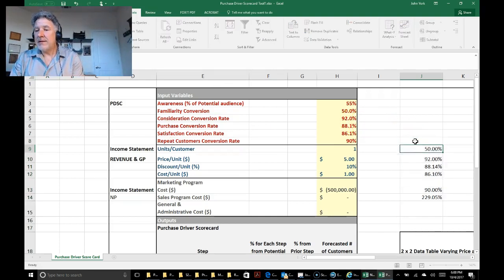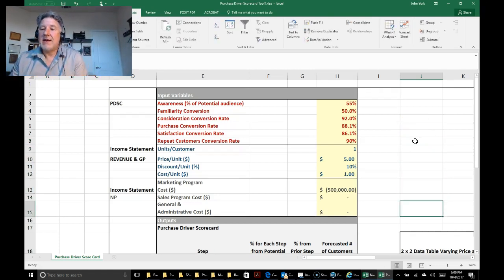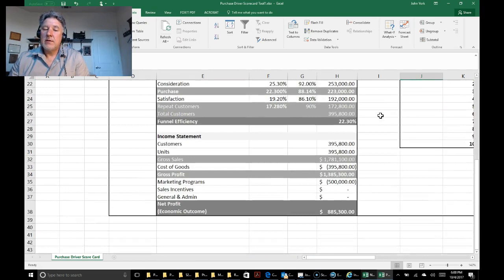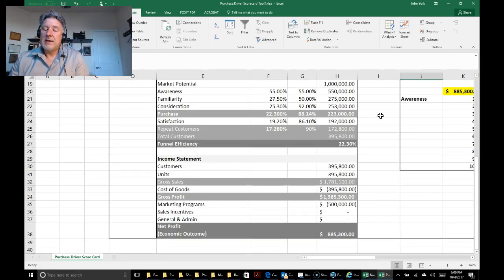So this is the way that you can easily utilize whether you have conversion rates or average numbers. It makes for a great tool for doing funnel metrics, and at the end of the day, tying it back to the income statement and using it as a decision tool to look at, if I'm going to vary different parameters to improve funnel efficiency, in terms of improving awareness or another piece of the funnel, you can do that.